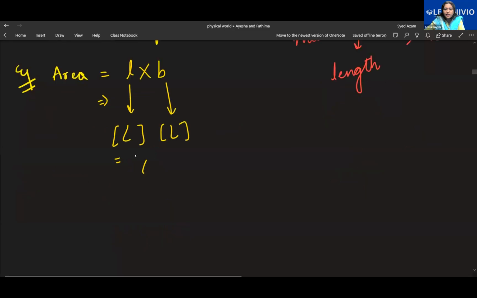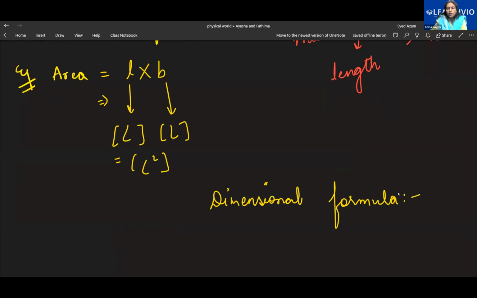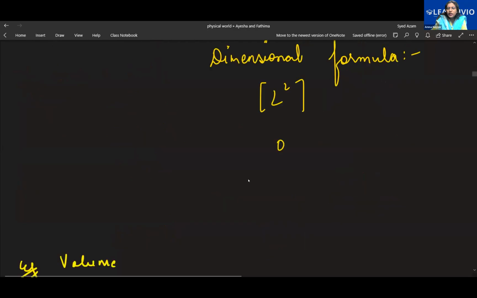So how do we write the dimensional formula? You can write it as L square, or you can write it as M0 L2 T to the power 0. This is how you construct it.